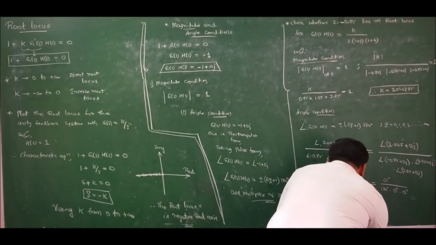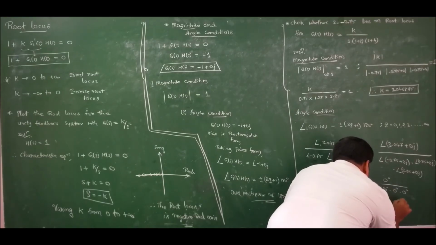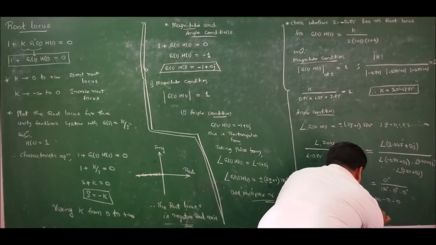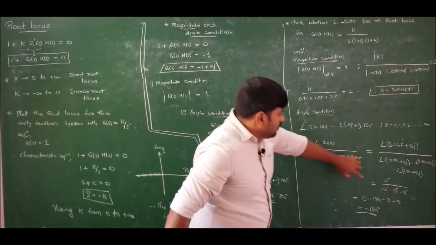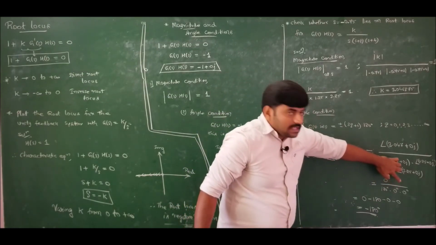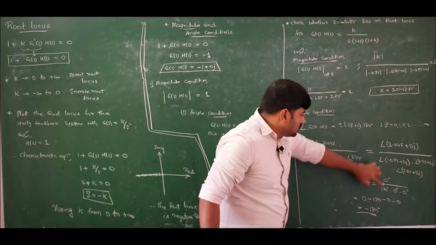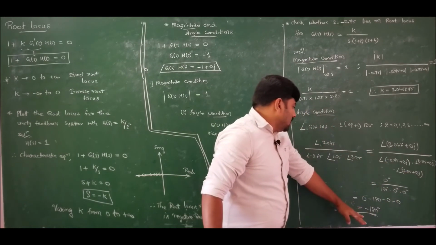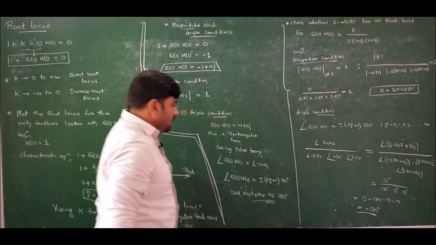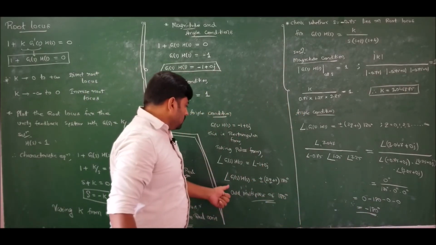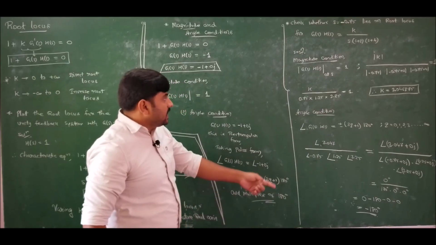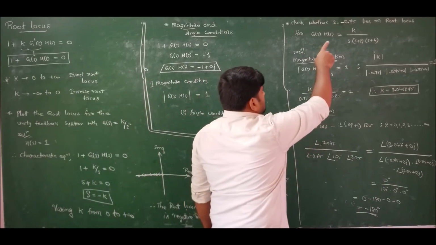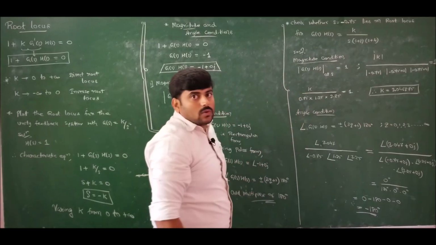So the angle will be 0 minus 180 minus 0 minus 0, which is nothing but minus 180 degrees. Minus 180 degrees is nothing but the angle condition. Since it is satisfying the angle condition, therefore S equal to minus 0.75 lies on the root locus.